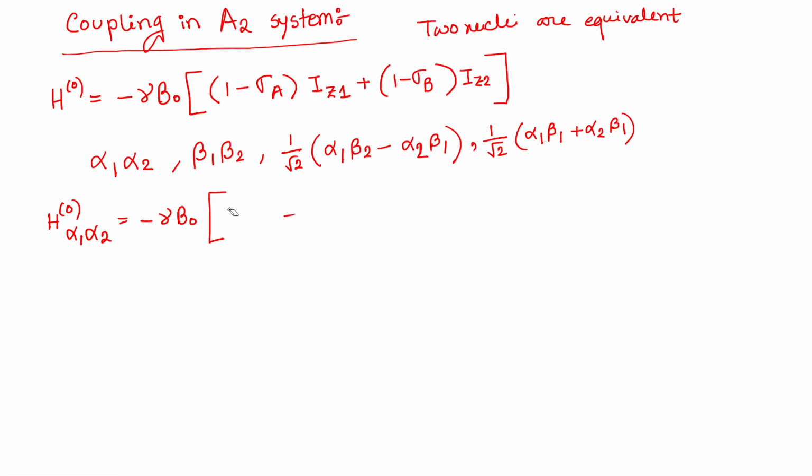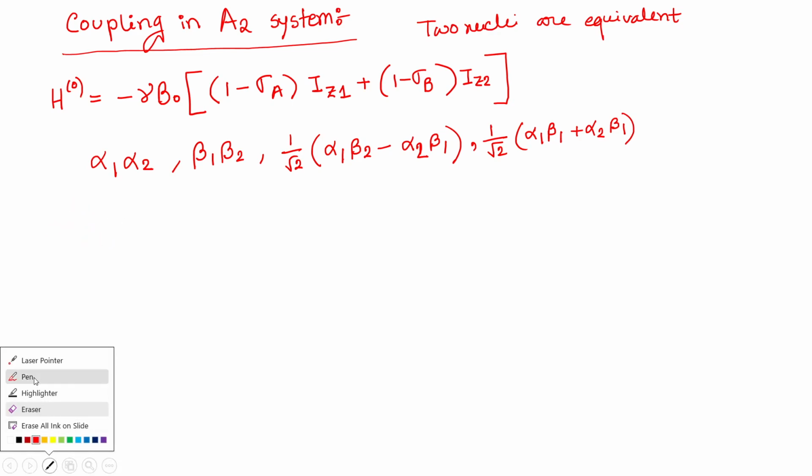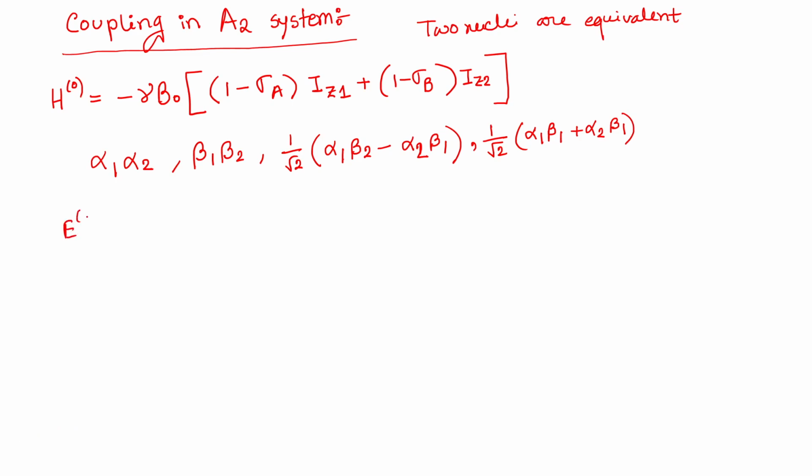So the energy of the unperturbed system when alpha 1 alpha 2 is, I will write this term outside the integral. Now I'll write the rest of my part of the Hamiltonian.